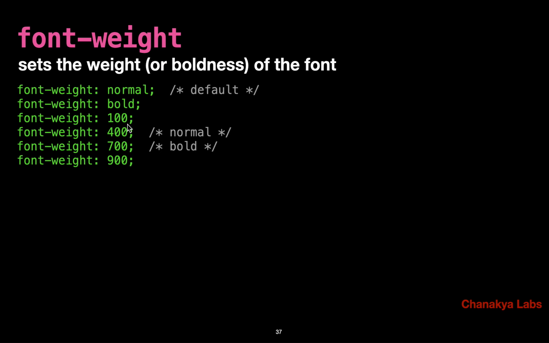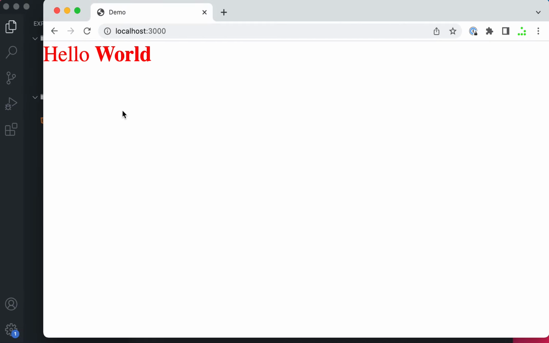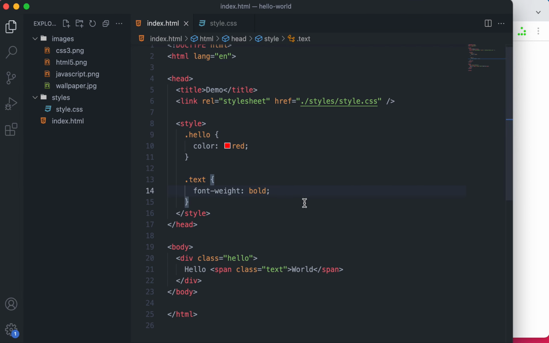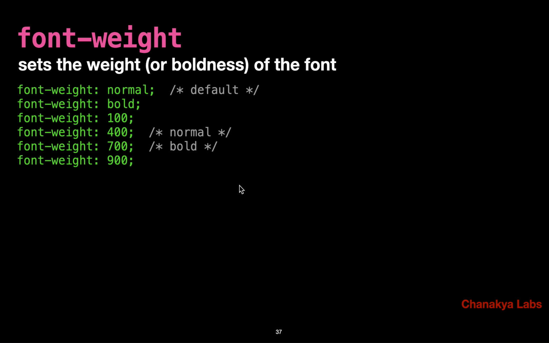And if you have those types of font files and they support such ranges, then you can target it more accurately. Let's say I say that this is bold, but this is slightly more bold. I want more bold than this, but still less bold than that. What to do? We cannot do anything if we simply use a strong tag, right? But if we have support for it, I know that bold is 700.